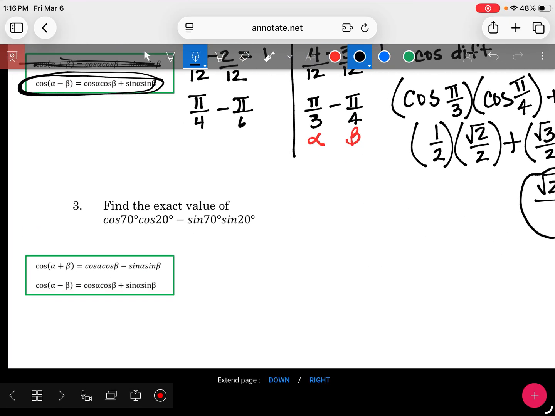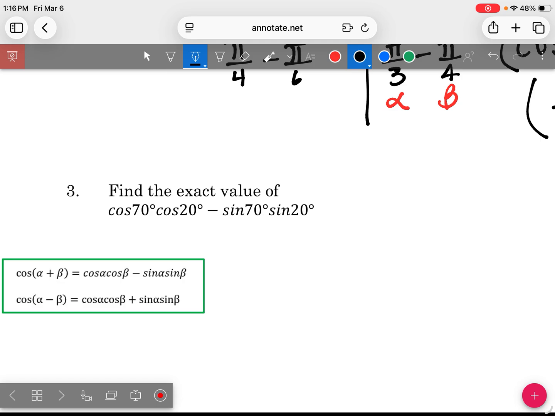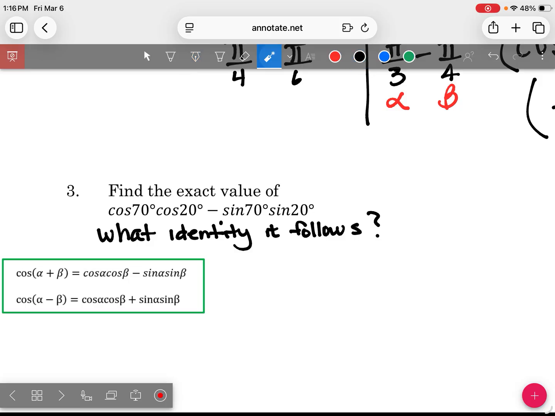Okay. Number 3, we have to figure out what identity it follows. So we have to figure out what identity says take cosine times cosine minus sine times sine.